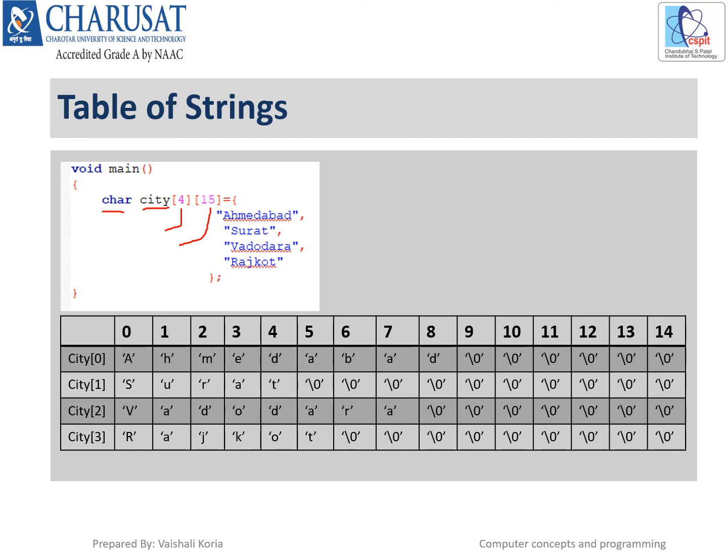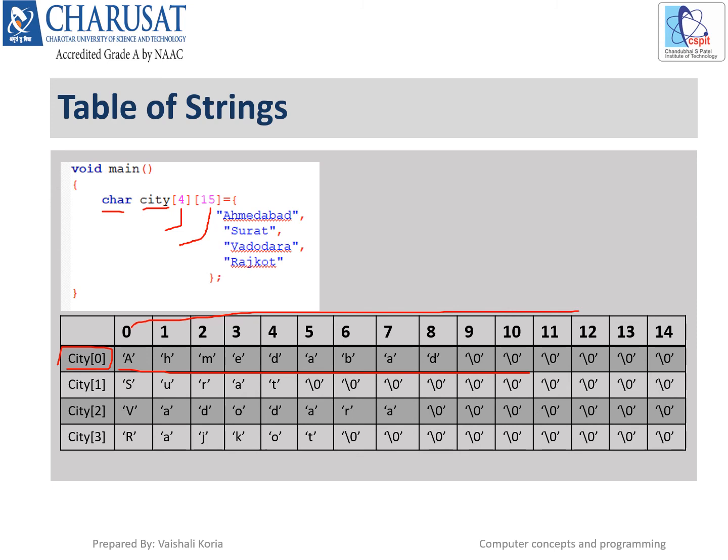Now the representation of this array is like this. City 0, using the first dimension, city 0 is Ahmedabad, so Ahmedabad will be stored like this. These are the indices, the second index.